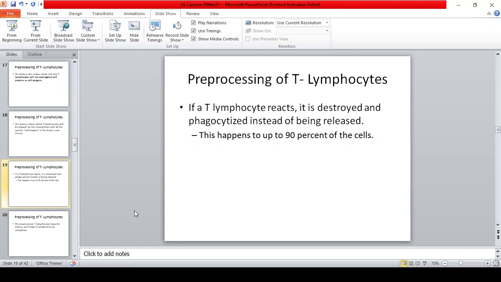And if this process is somewhere deficient, this leads to autoimmunity, because those T lymphocytes are not properly dealt with, they are not destroyed, and they enter the body and they can destroy the self-antigens. And we'll study this in the next lecture.